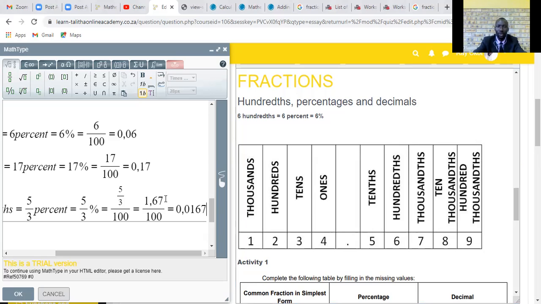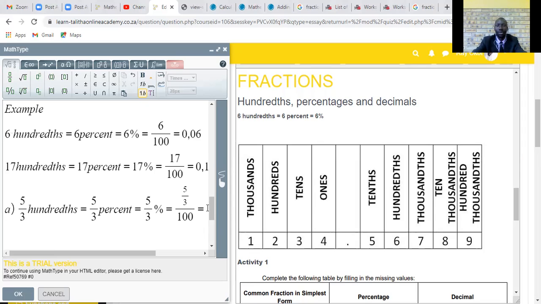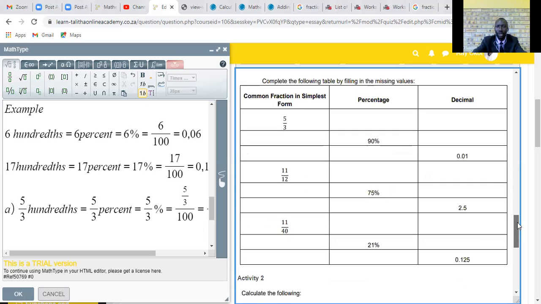Yes, those are 2 steps. When we move it from the initial position that was here, we move it 1 step, that is a tenth. Another step, that is a hundredth. So that is how we calculate the value of 5/3 divided by 100.